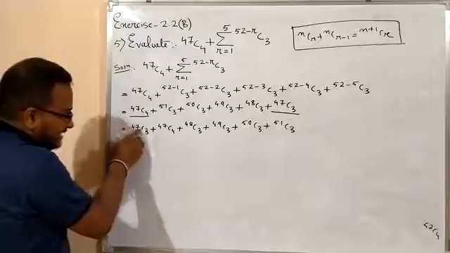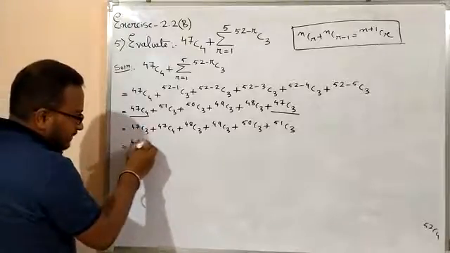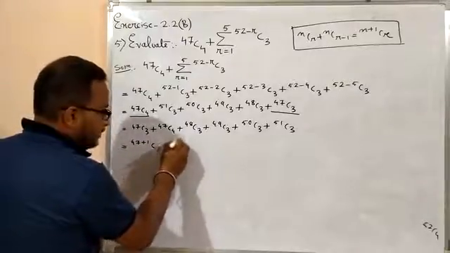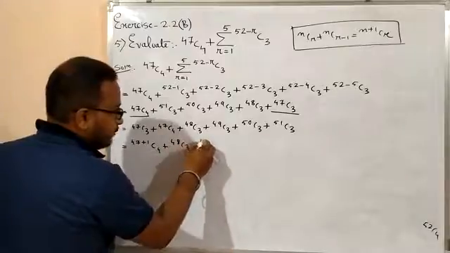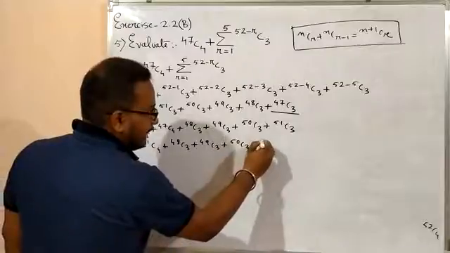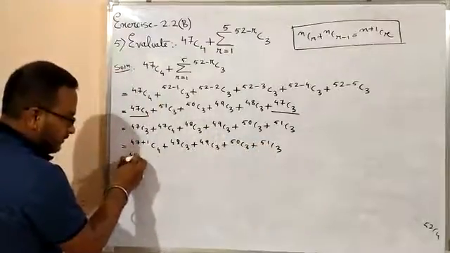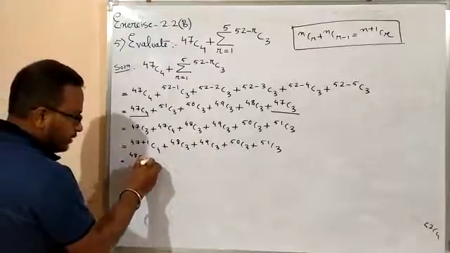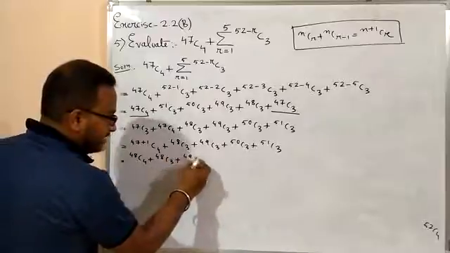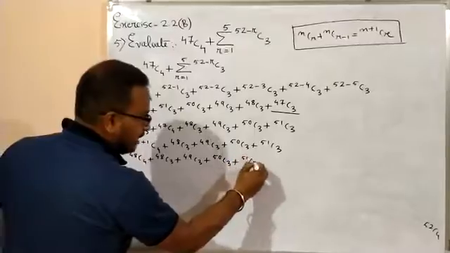nCr plus nCr minus 1 is n plus 1 Cr. Okay? So there is 48C3 plus 49C3 plus 50C3 plus 51C3. Now you see, this is 48C4 plus 48C3 plus 49C3 plus 50C3 plus 51C3.